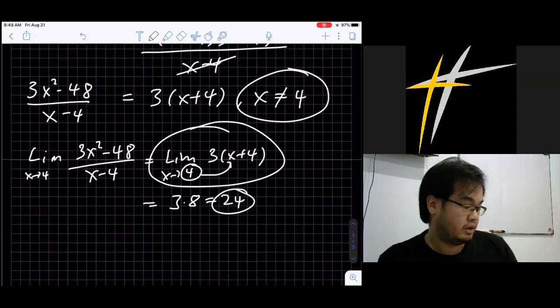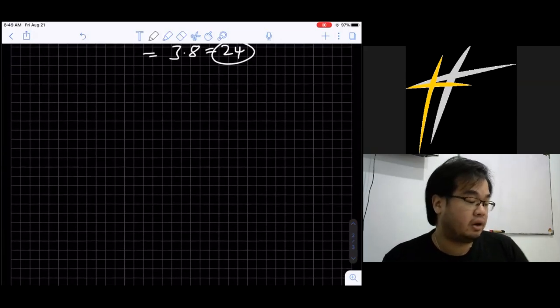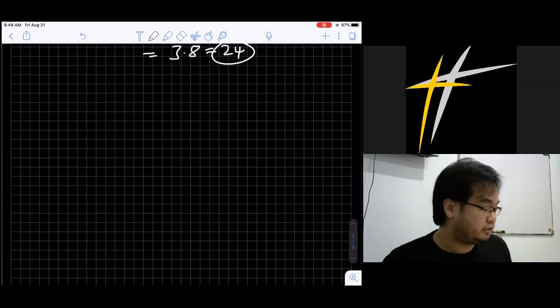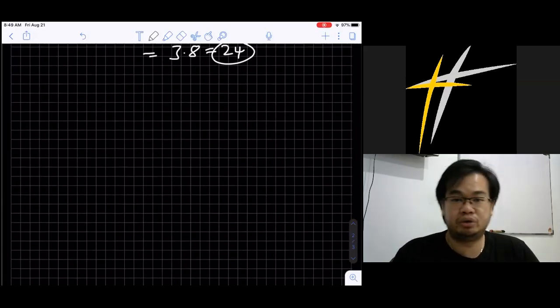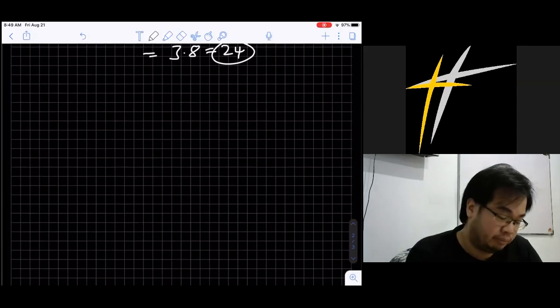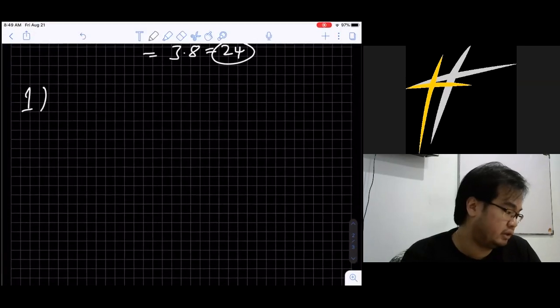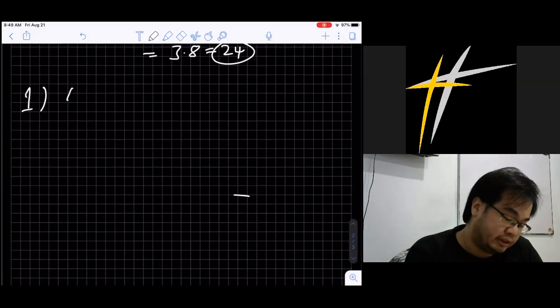Okay. So now on your book, page 42, there are several limit theorems that you should keep in mind. I will go one by one. The first one is the limit of a product of two functions. So let's say the limit of f(x) times g(x) as x approaches c.